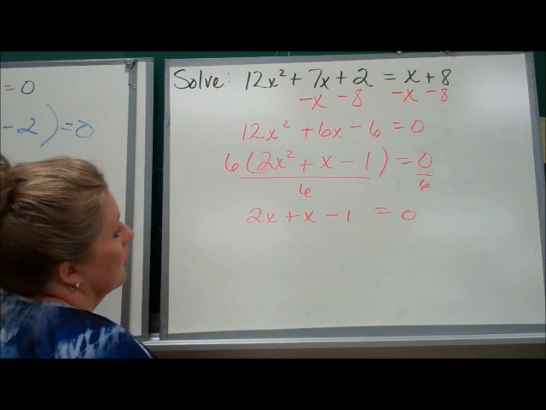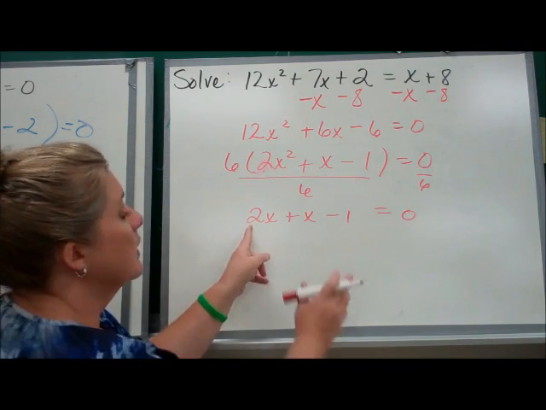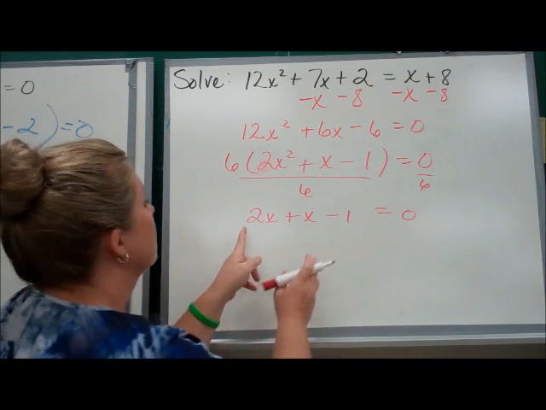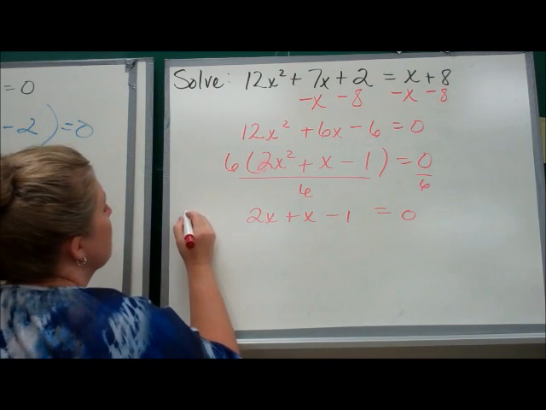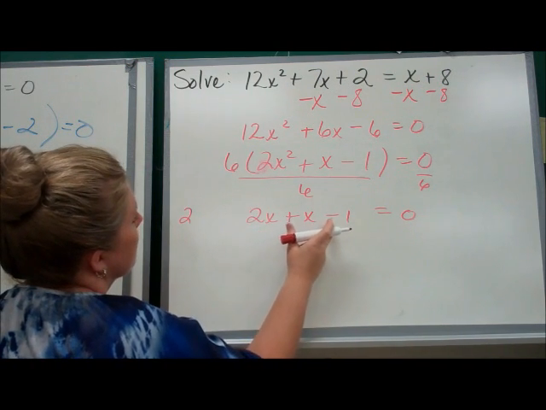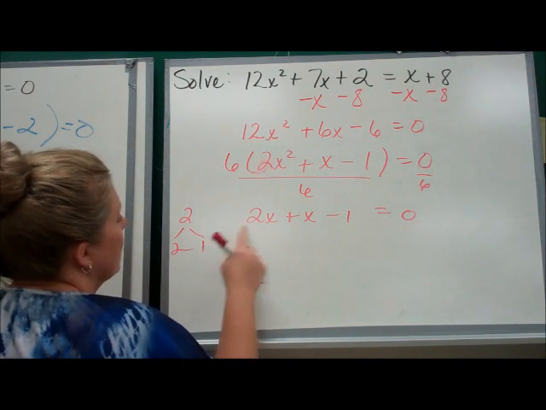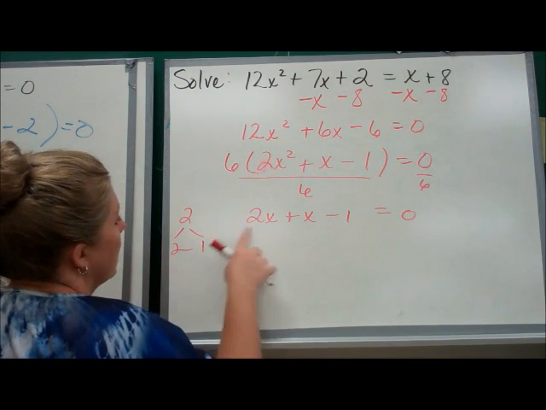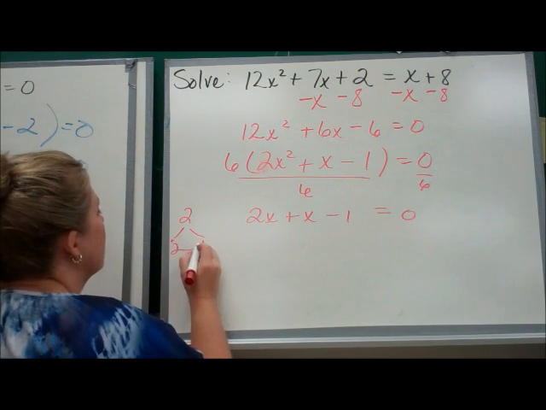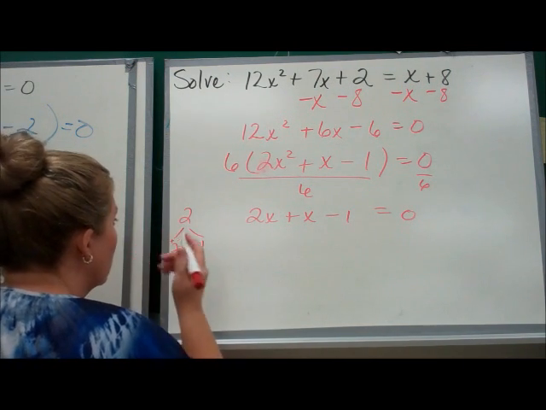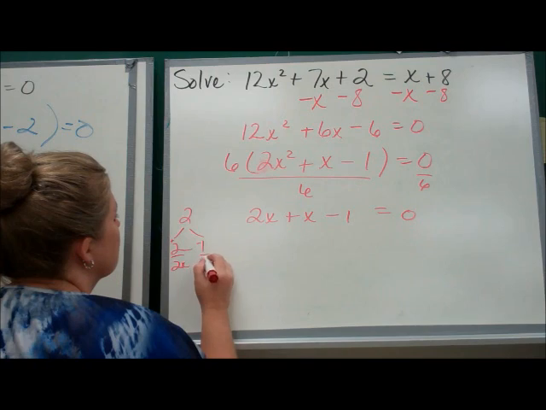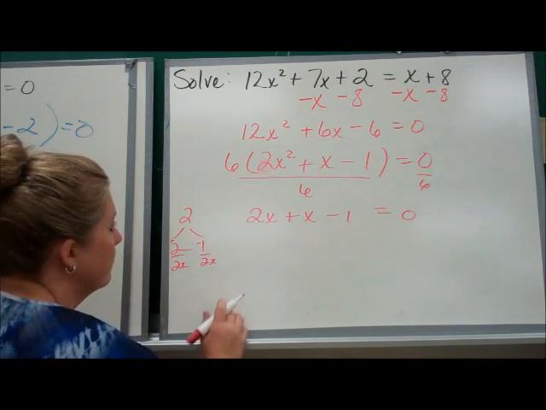Now we can still use that other factoring method. 2 times 1 is 2. The factors of 2 that'll subtract to 1. Oh, that's going to be 2 and 1. And then since 2 is greater than 1, 2 is going to get the positive and the 1 is going to get the negative. Divide both by 2x because that's the first term.